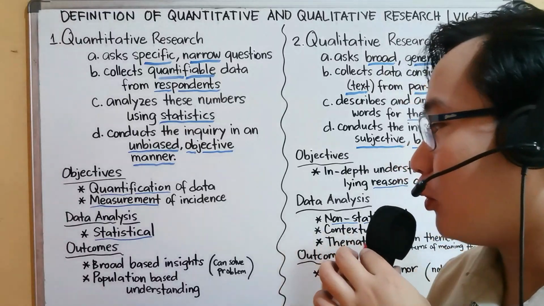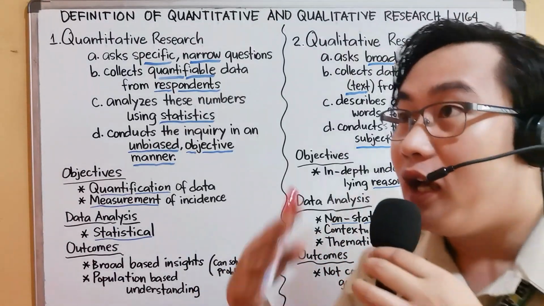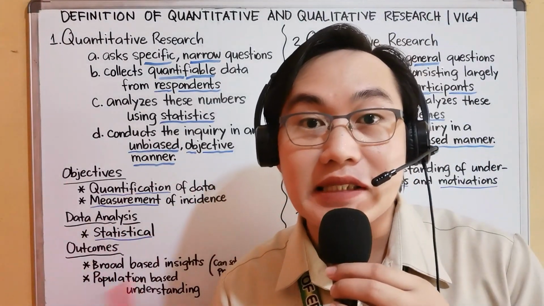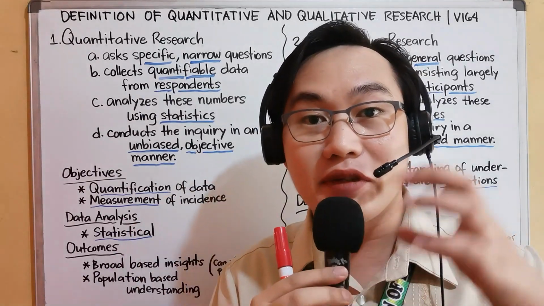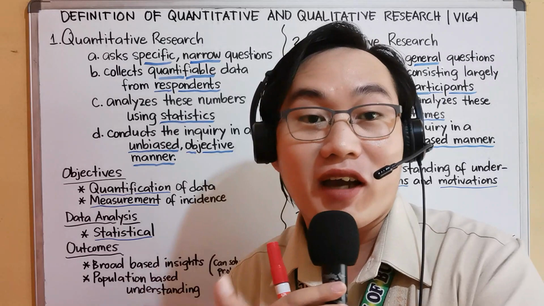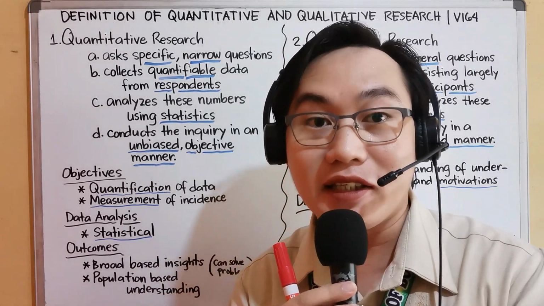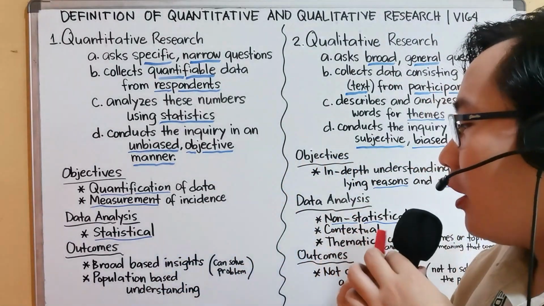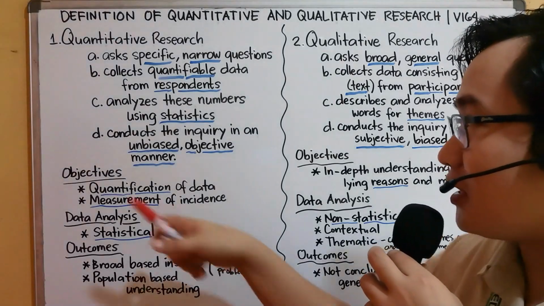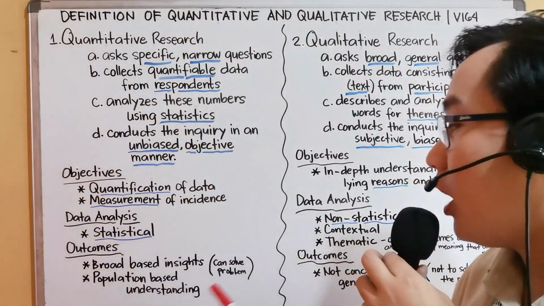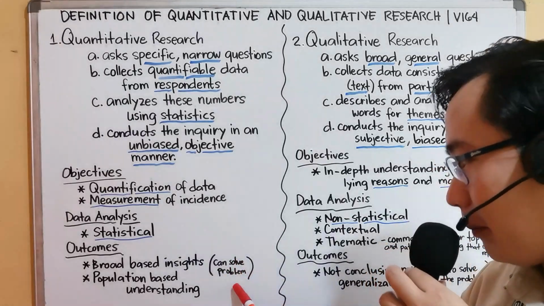So, ganun po ang konsepto niya. Broad-based insight coming from the respondents na kung saan ginamit niya in order for that particular researcher to gather the data sa kanyang mismong research. Now, nakalagay dito, kung nakikita nyo ngayon sa screen, ang nilagay ko dito, pag sinabi natin quantitative research, can solve the problem.